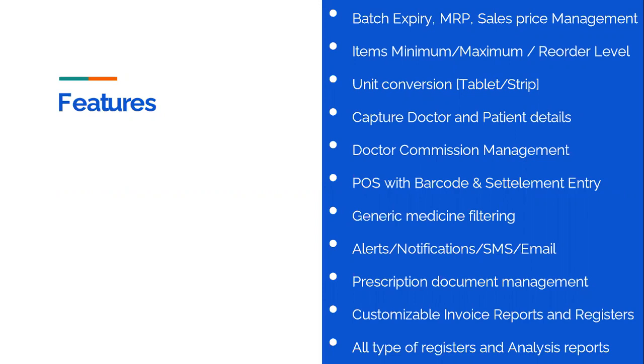Printing will cost more compared to digital, like mobile SMS, email, etc. Printing will be charged more. It will be costly. That's why this will be the better option for retail outlets.